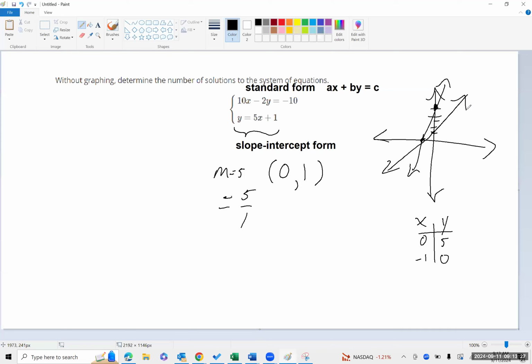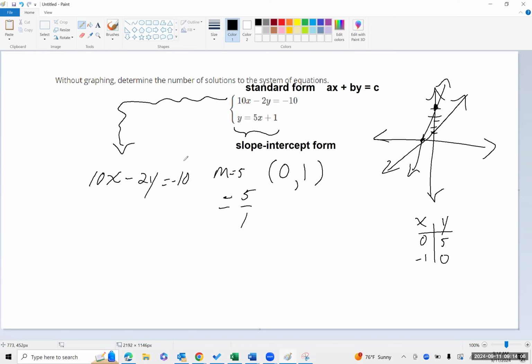And maybe I need to say what it means for there to be a solution. But I think when they say, I'm sorry, without graphing, what they want you to do is to take this equation and rewrite it in slope-intercept form. And I'll tell you why that's going to give us the answer. So they didn't say don't use algebra. They said don't use graphing.